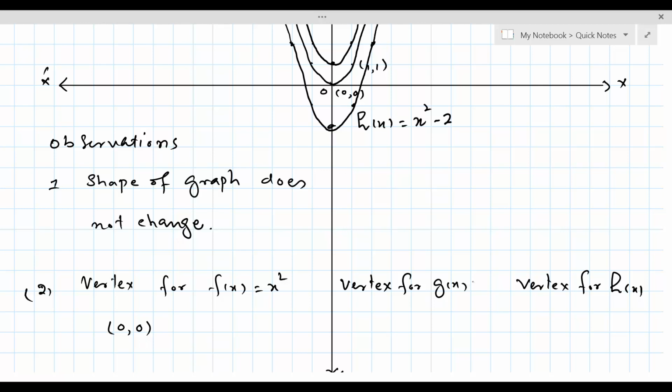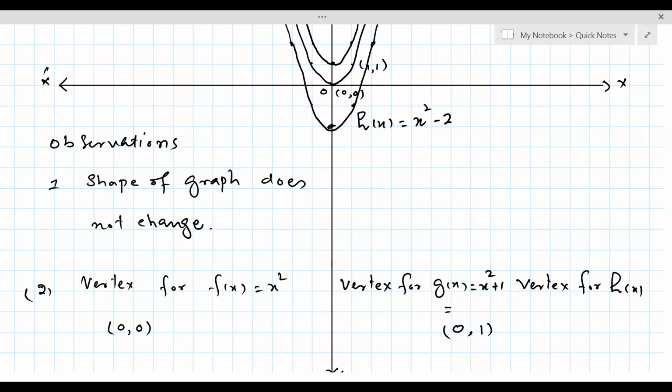So if this g of x was x square plus 1, here the vertex is 0, 1. So just the amount of vertical translation, the vertex has also shifted vertically upward.